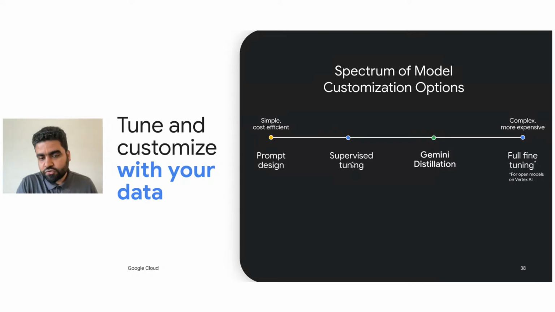Then there comes supervised tuning, which is more like having a LoRA adapter, which is going to sit on the Vertex AI tenant. I repeat, when we are helping you with fine tuning of the model, the base model is what we manage.